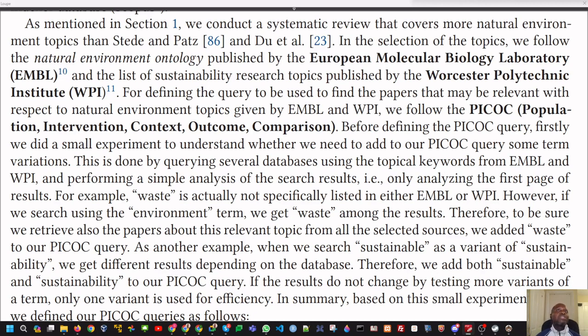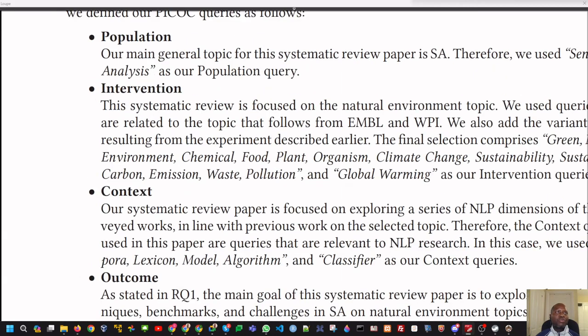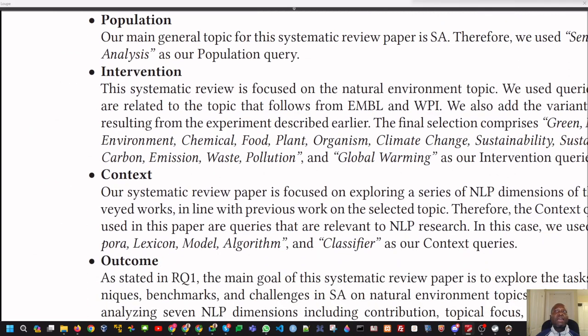And this is, of course, defined in the particular domain. And they base some kind of an experiment on the PECO, which defined their queries based on some of these aspects that you might see here.